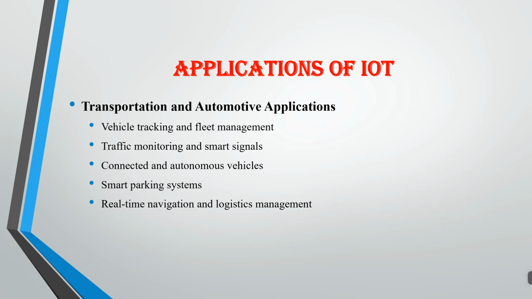Through IoT, there is a department which controls all these activities automatically. VRL is one company, Vijayanand Road Lines, wherein they have adopted this real-time navigation and logistic management activity. So these are the glimpses of the applications of IoT in transportation and automotive applications.